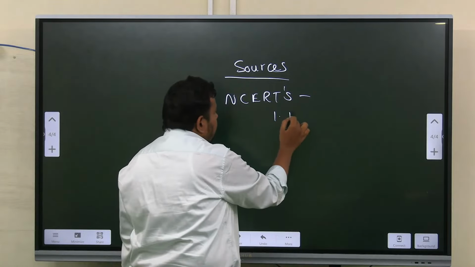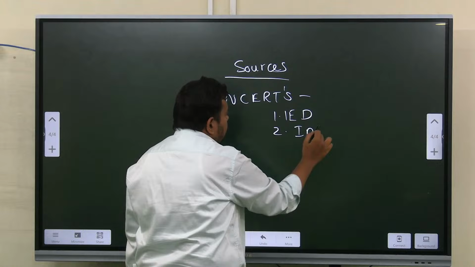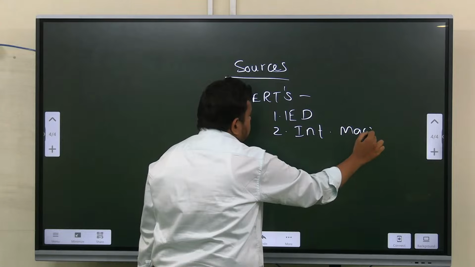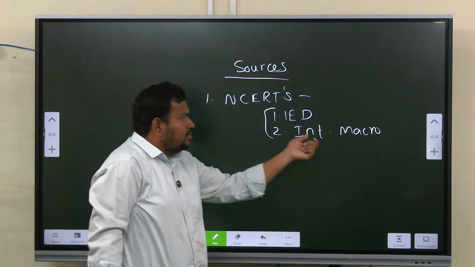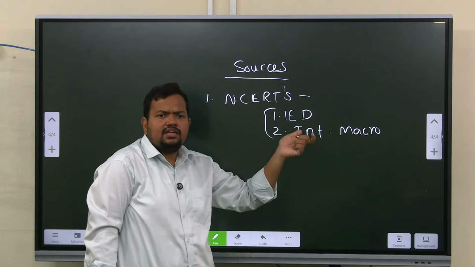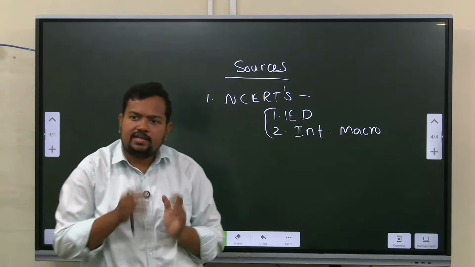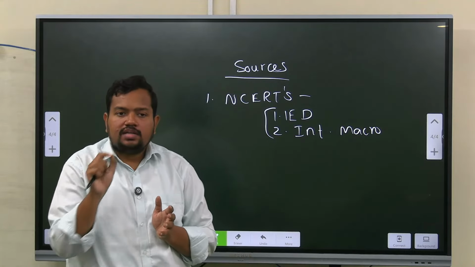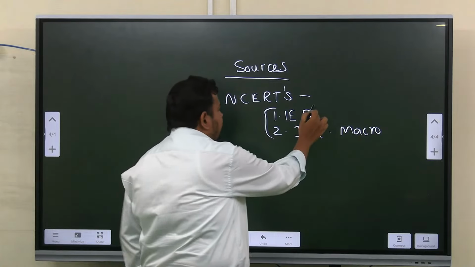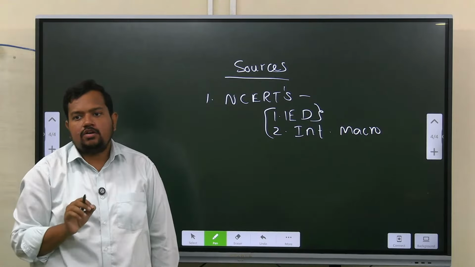One is Indian Economic Development and second, Introductory Macroeconomics. These 2 NCERTs are needed, but Introductory Macroeconomics is generally nothing but national income, balance of payments, money and banking, etc. In the classes it will also be covered, but the NCERT that you must definitely read as a separate NCERT is Indian Economic Development.